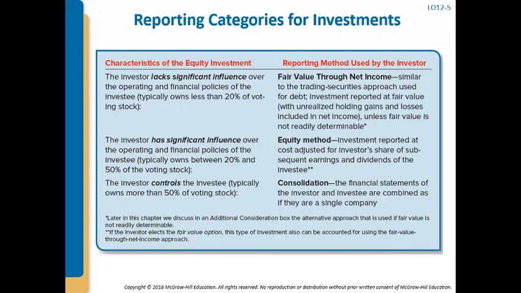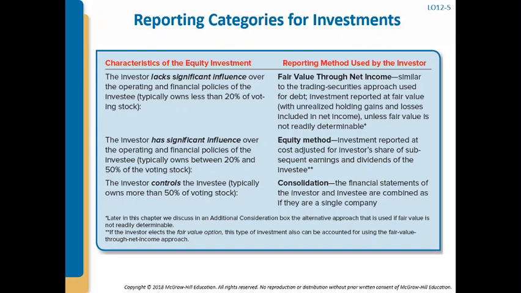Now, if the investor has a significant influence over the operating and financial policies of the investee, usually through ownership interest of 20 to 50% of the voting stock, then you report using what's called the equity method, which we will talk about. Essentially, you report the investment at cost, and then you make adjustments up and down depending on subsequent earnings made by the investee company and any dividends received.